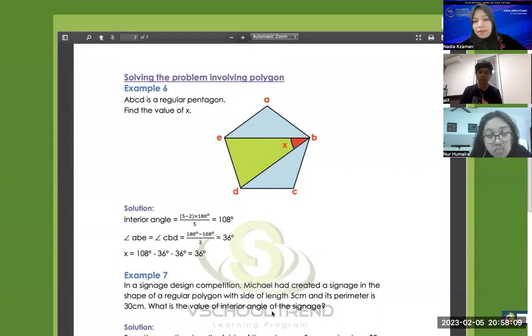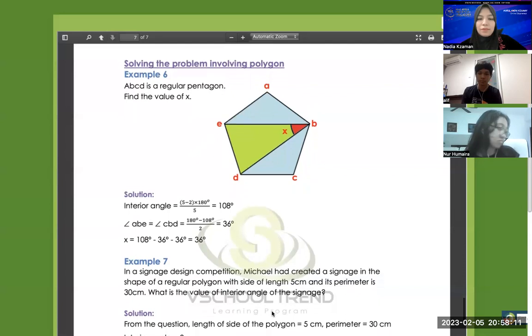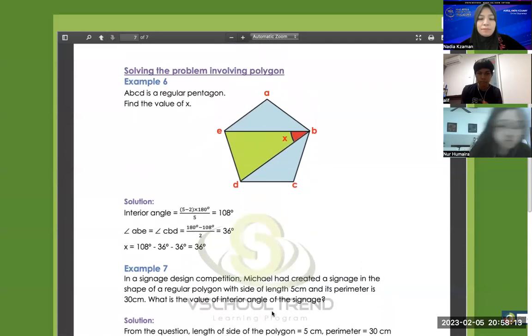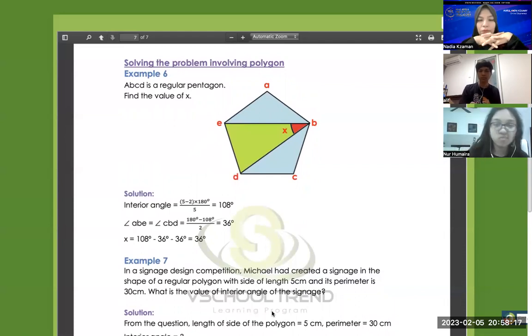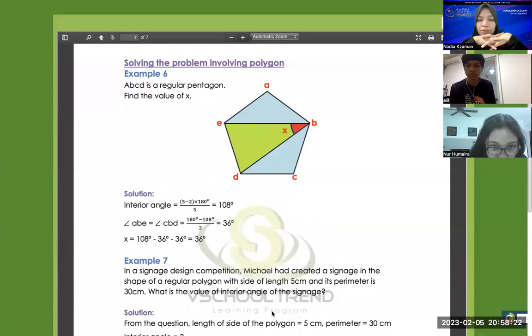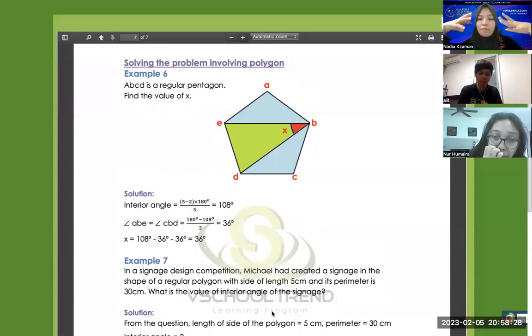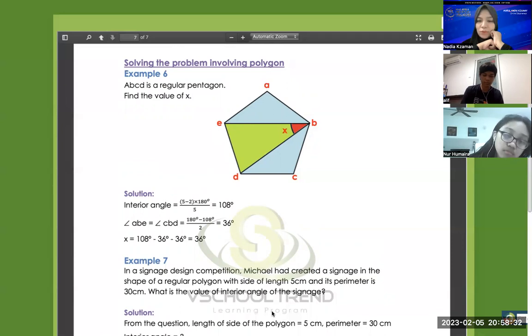Can you find the interior angle? The information we have is the length of the side of the polygon is 5 cm, and the perimeter is 30 cm. So how many sides do you think you have in your polygon?